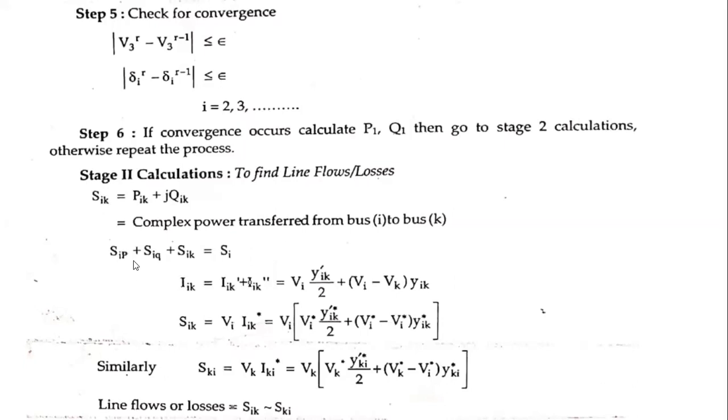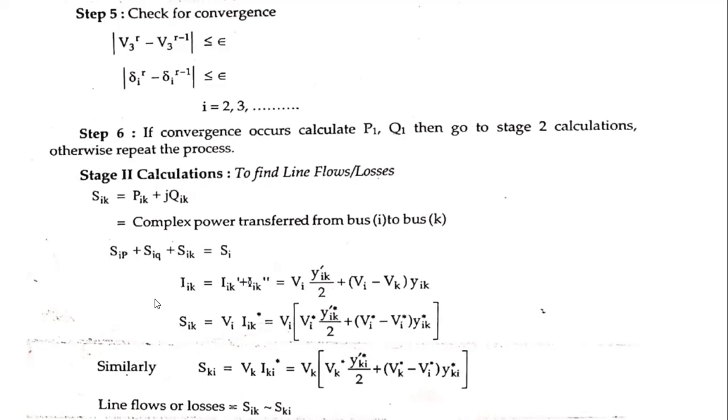Therefore, Si is the sum of the Sik, and Iik is equal to Iik dash plus Iik double dash. That is equal to Vi into Yik dash by 2 plus (Vi minus Vk) into Yik. This is the fixed formula for calculating Iik.